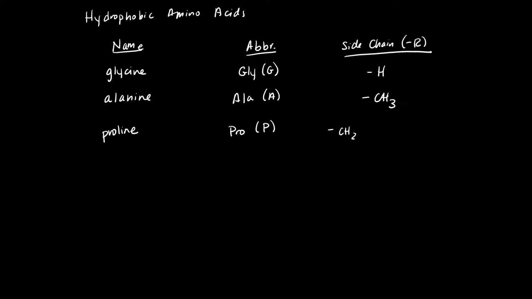So the first carbon branches off of the alpha carbon as normal, and then this third carbon connects back to the amine group. Next we have valine, or VAL, so we get to a little bit more of the bulky hydrophobic amino acid side chain groups with this one.